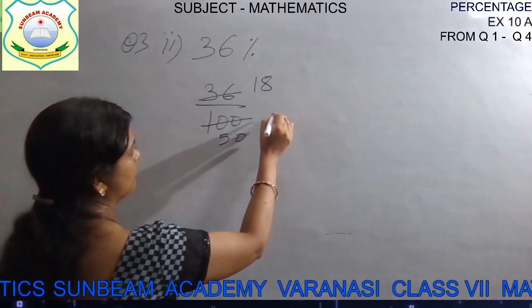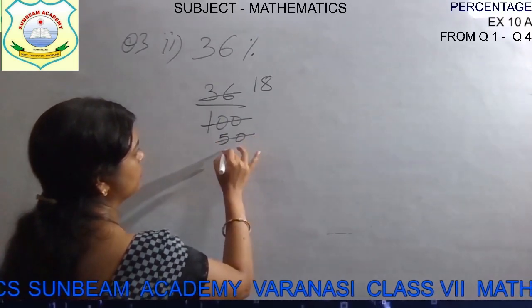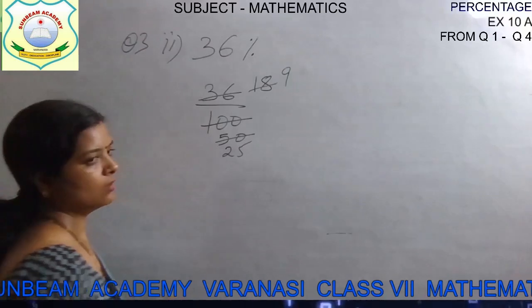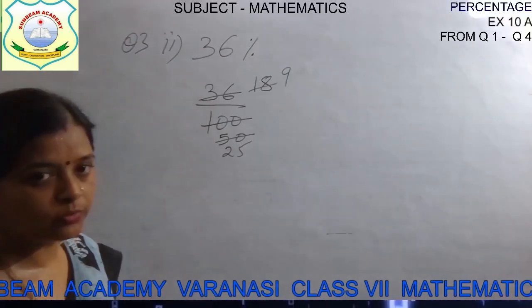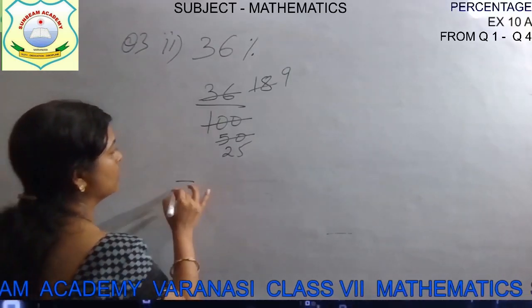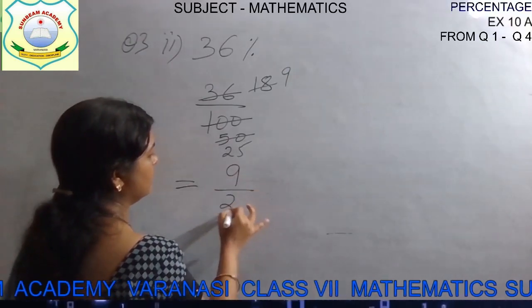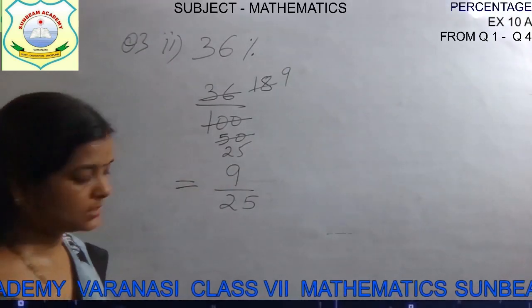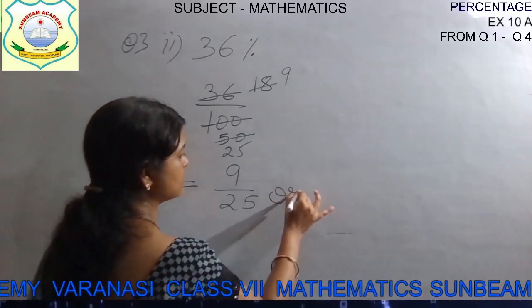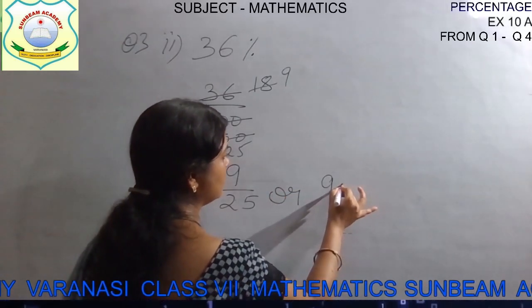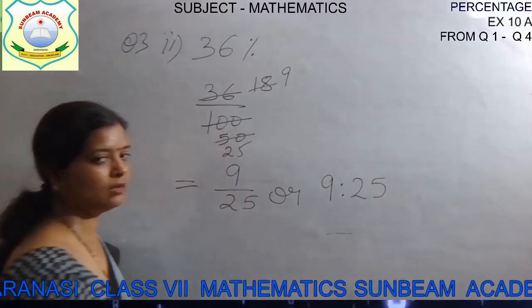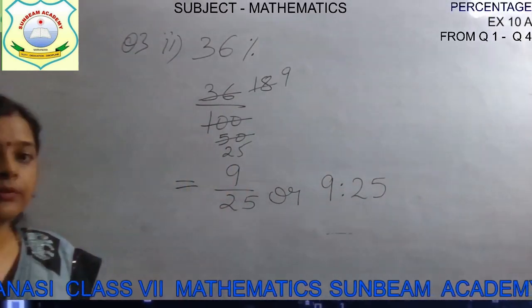Again it will be cut by 2, 25, and 2 9s are 18. Directly we can cut it through 4, isn't it? Leave it. So this is 9 by 25. It is in fractional form, so we can write it as 9:25. Now this is expressed as a ratio.